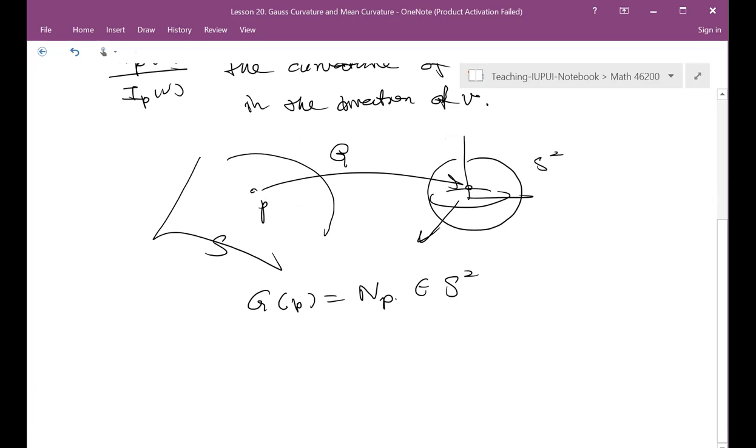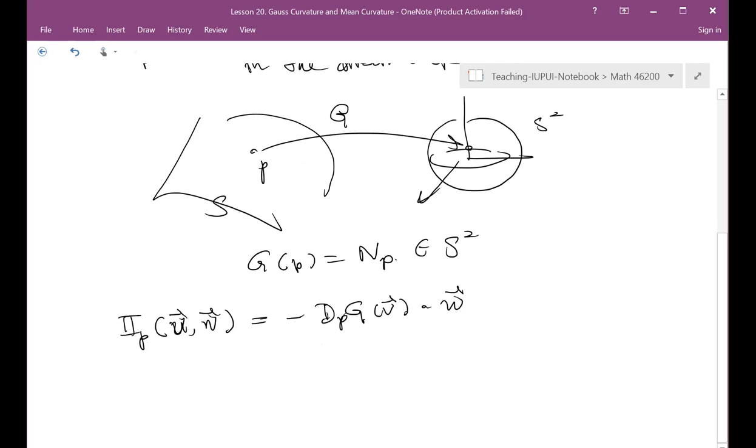So the second fundamental form, using two vectors v and w, is nothing but the differential of the Gauss map in the direction v, with the dot product with w.